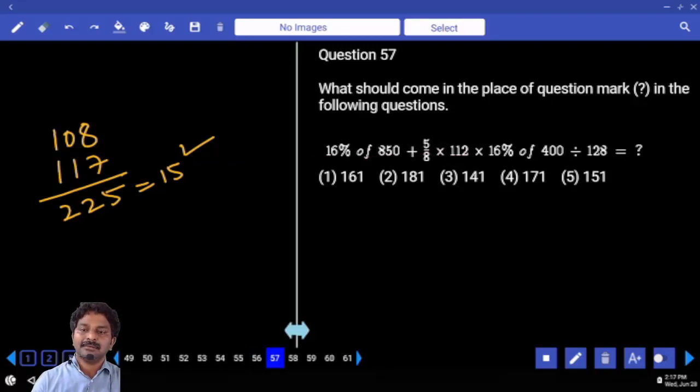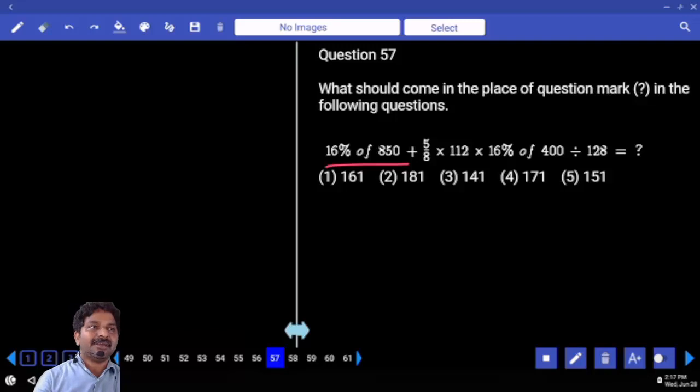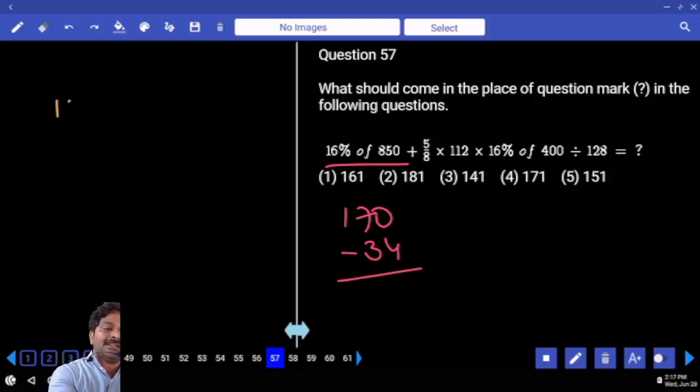Over 16% of this number. You can go with 20% minus 4%. What is 20%? 170. Then 2% is 17. 4% is 17. 2 is 34 only. Then it is 136. Correct?